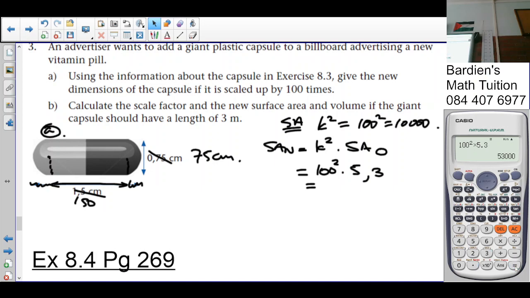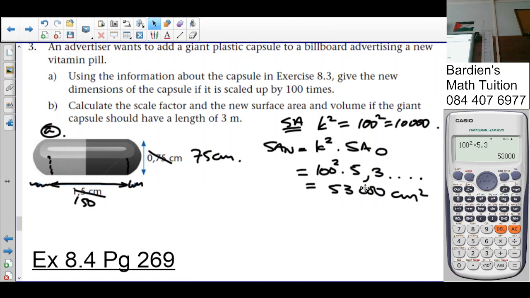That's going to give you 53,000. Now, we don't have the rest of the digits there, but if we did, it would have given you a more accurate solution. So here we're looking at 53,000 units. In this case, it's going to be centimeters squared. Otherwise, you could have converted to meters, and you get a smaller answer there.